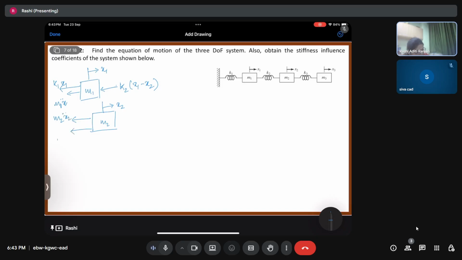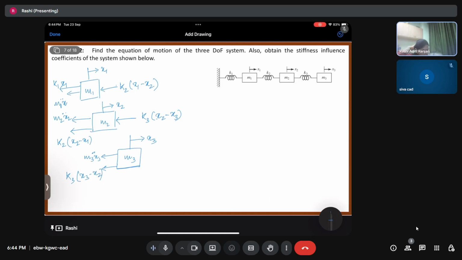Over here we have again k2 (x2 minus x1), and over here we are going to have k3 (x2 minus x3). Then we have m3 and x3. So we have m3 x3 double dot and a force k3 (x3 minus x2). I hope this is clear.